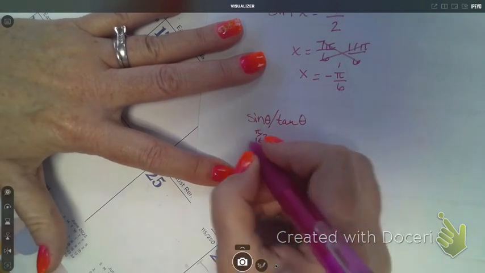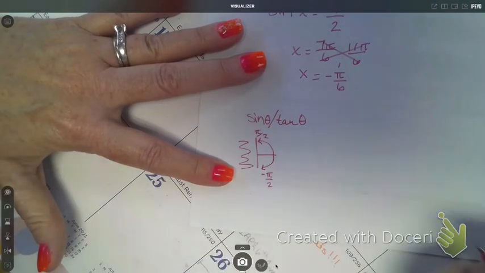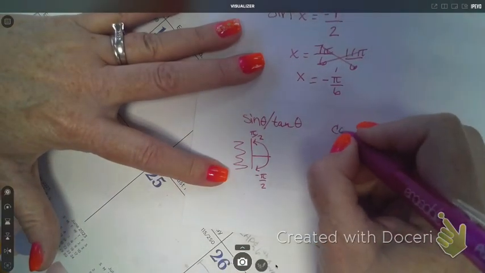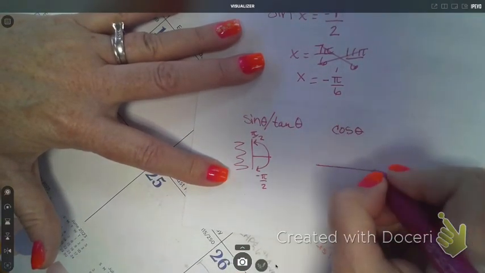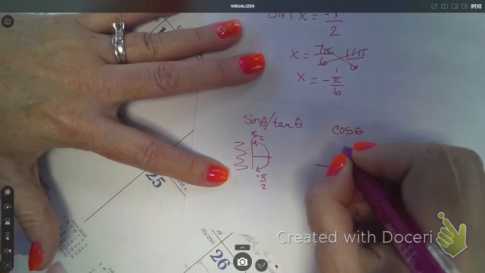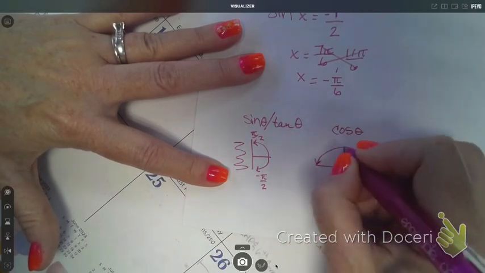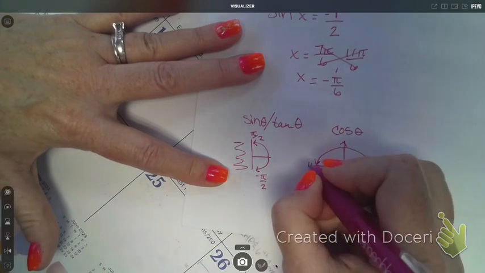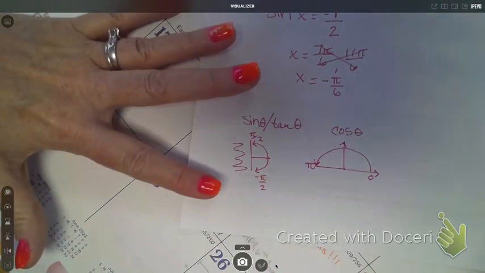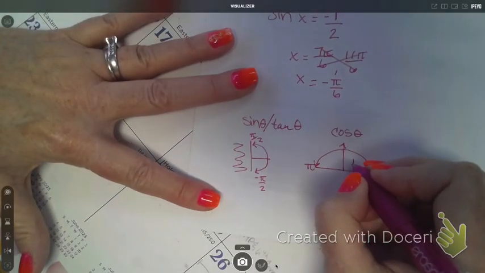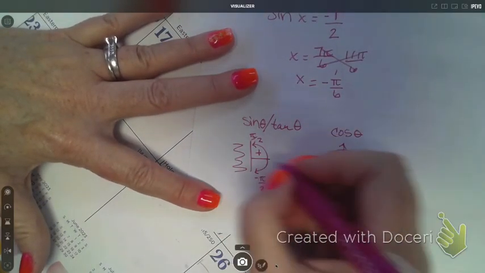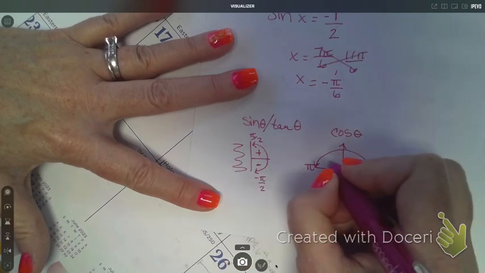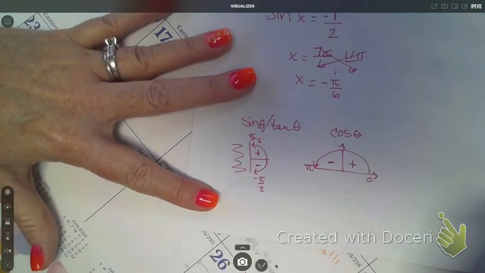You can't go all the way around because this doesn't exist anymore. And then I would write cosine from 0 to pi. All the positives are in the first quadrant. All the negatives are either in the fourth or in the second.